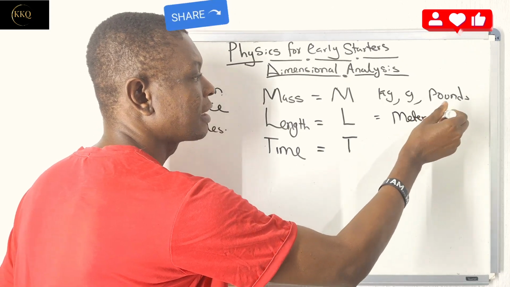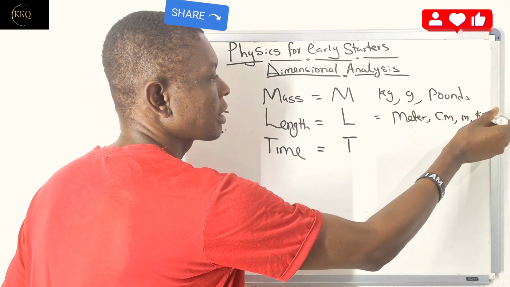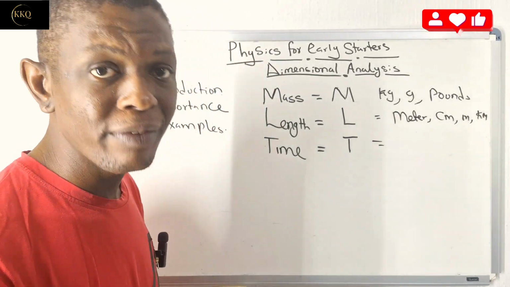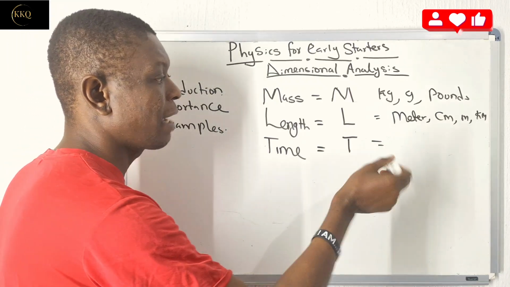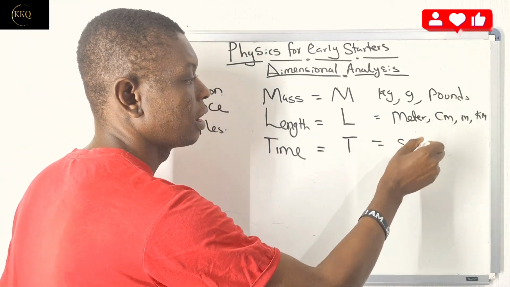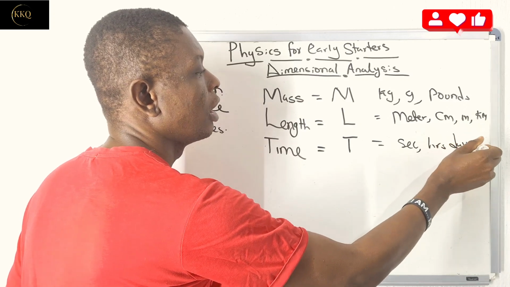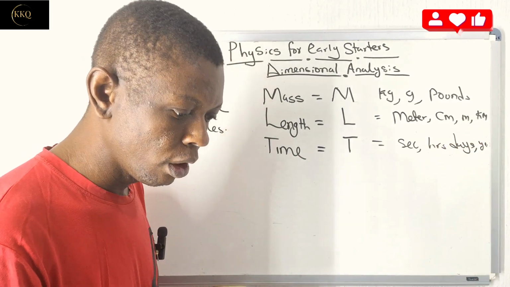We also have the centimeter, the millimeter, the kilometer. And time now is what? Measurement of when an event occurs. And the units of time, we have the seconds, the hours, the days, years, and so forth.